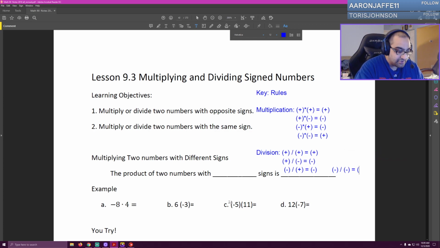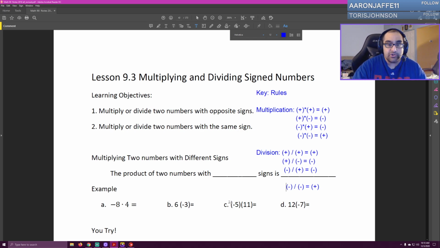That is going to turn into a positive number, much the same way as for multiplication. So a negative divided by a negative is a positive at the end of the day.